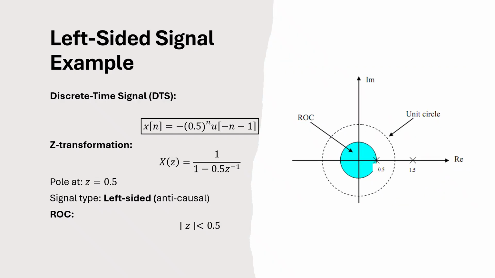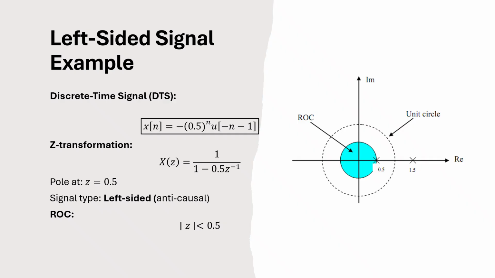Now let's consider the opposite case, a left-sided signal. The signal is x of n equal minus 0.5 to the power n u of minus n minus 1, which is non-zero only for negative n and 0 for n greater than 0. The z transformation is again X of z equal 1 by 1 minus 0.5 z inverse, same algebraic expression as before, but now with a pole at z equals 0.5.